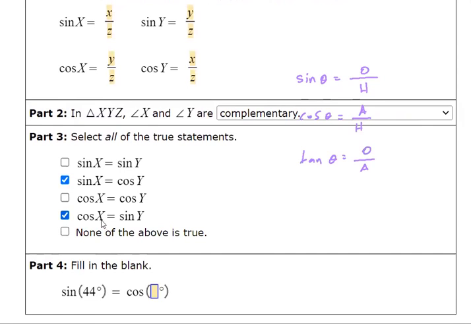If you have two angles that add up to 90 degrees, then the cosine of one angle is the sine of the other angle. So if sine 44 is equal to something in cosine, the angle 44 and the angle right here should be complementary, which means they add up to 90 degrees. If you subtract 44 from 90 degrees, you get 46 degrees. That should be our final answer.